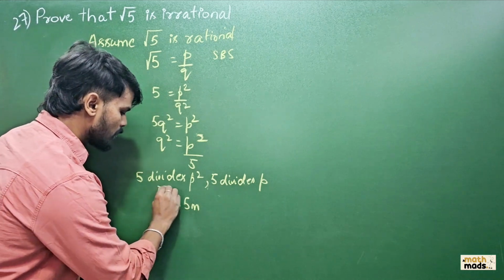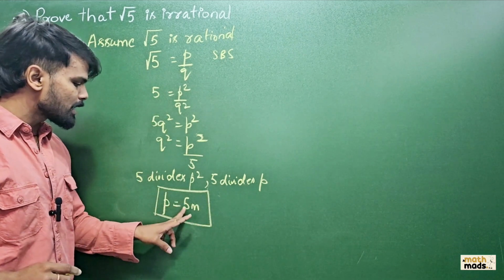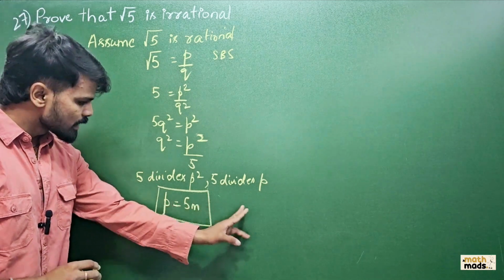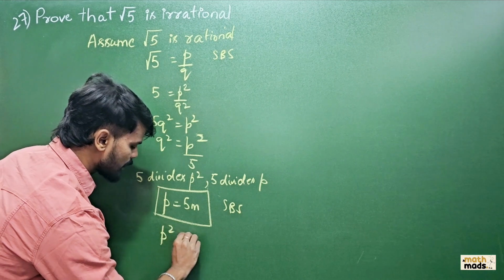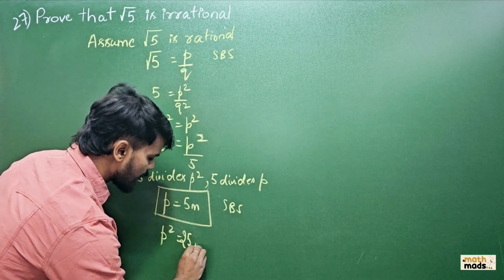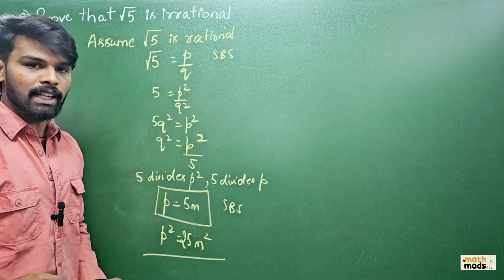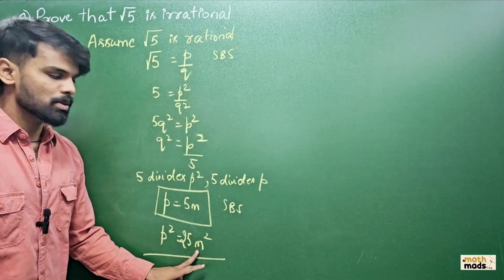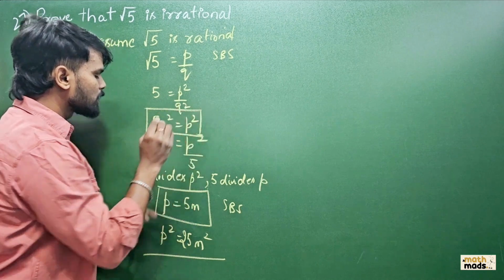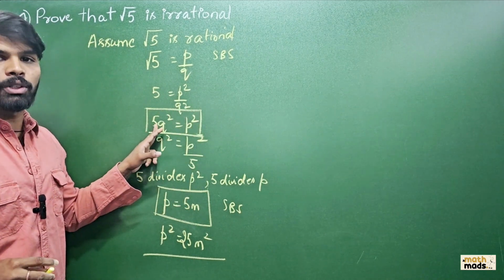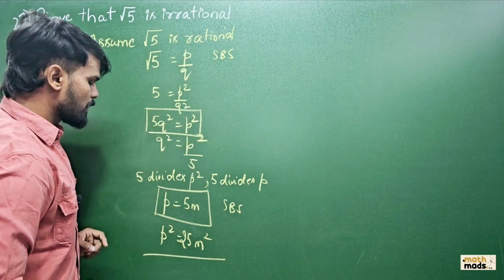Now I have got this important thing that P is a multiple of 5. I'll square on both sides again. Squaring on both sides, P square is equal to 25M square. Correct? But if you observe this equation, I already know that P square is nothing but 5 into Q square. Now equate these two equations.